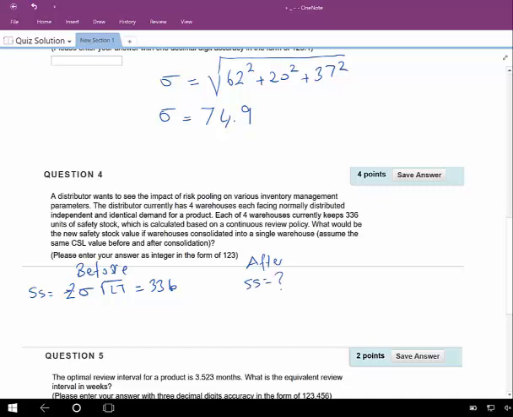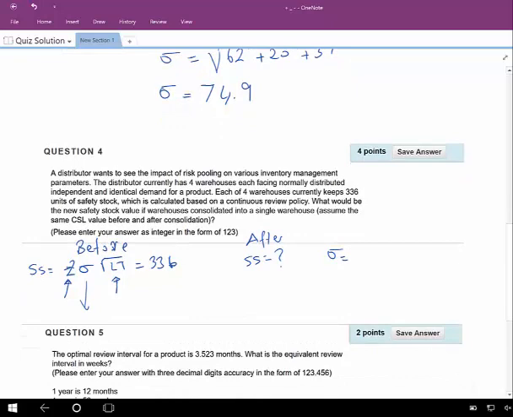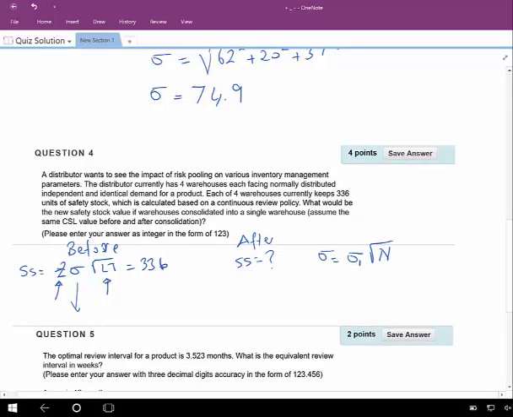I'm already told that z is the same, and I don't have any information regarding LT, but there is no indication that LT has changed. So the only change is the sigma before and after consolidation. The sigma is going to be basically sigma times square root of n. Remember, if we have identical warehouses, that's what you could do.